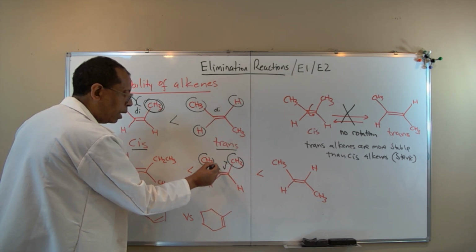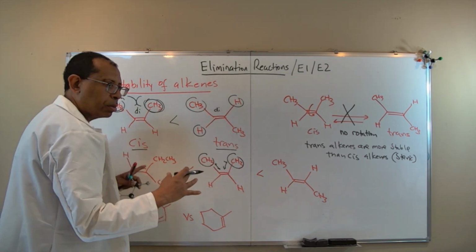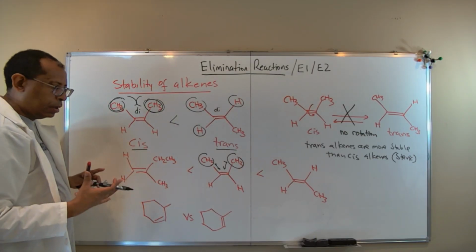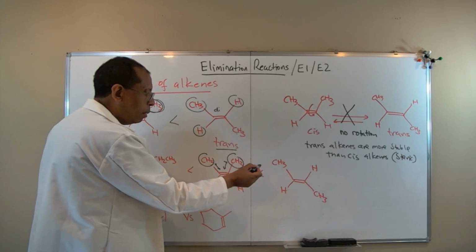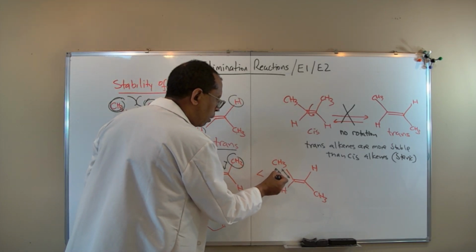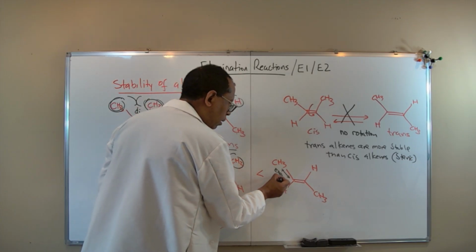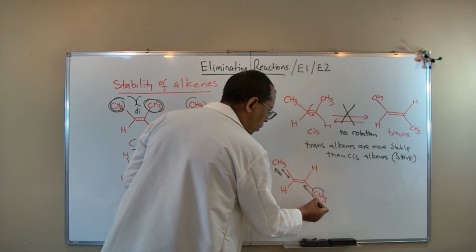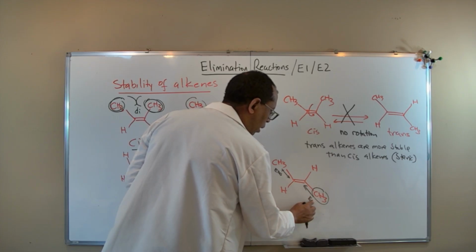So alkyl groups are stabilizing the double bond by giving more electrons. So they are electron donating by inductive effect, electron donating groups. This is also electron donating. So the more it is substituted, the more it is stable.